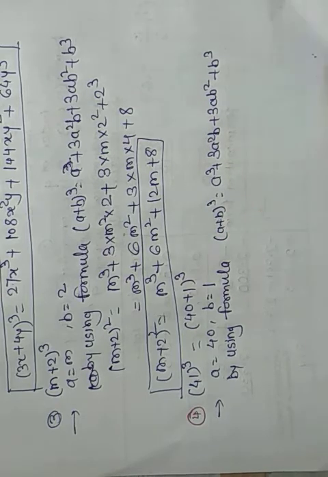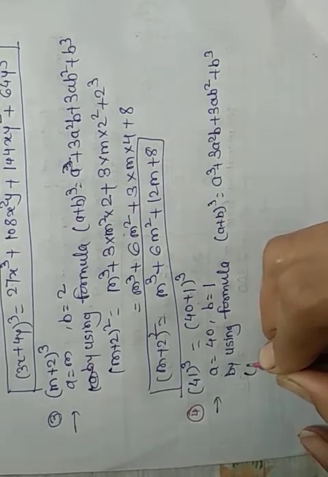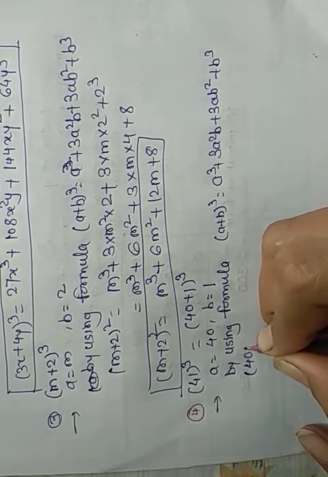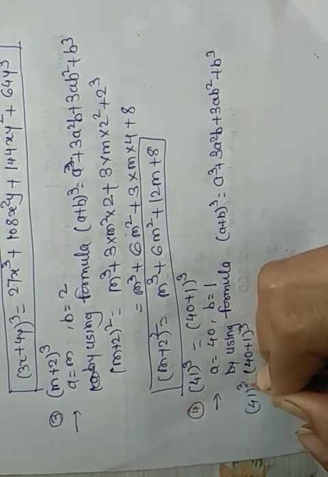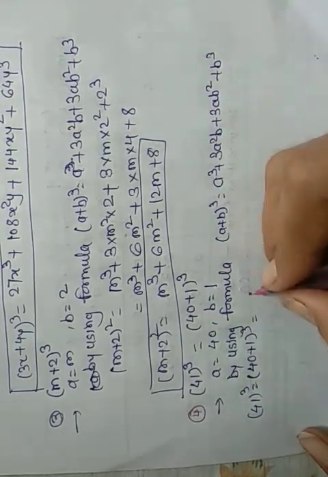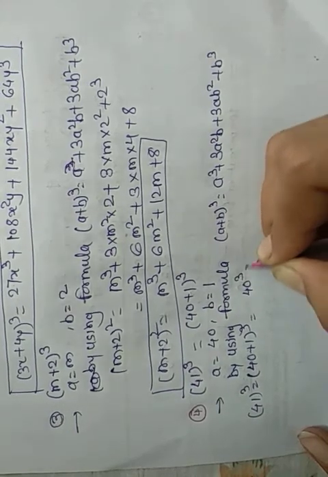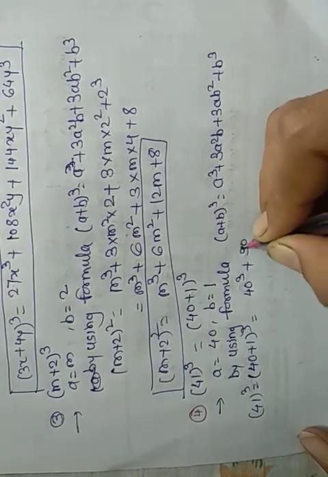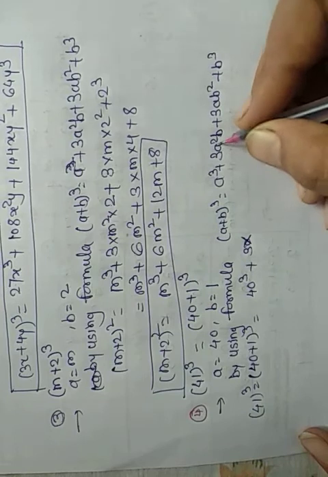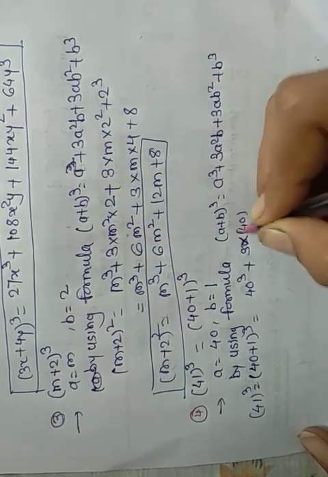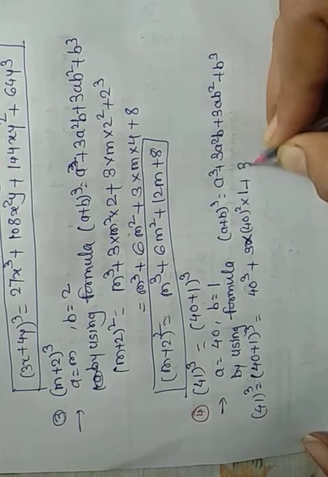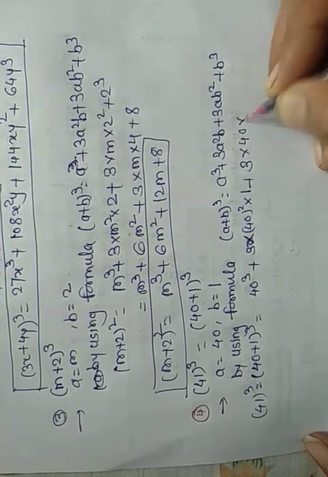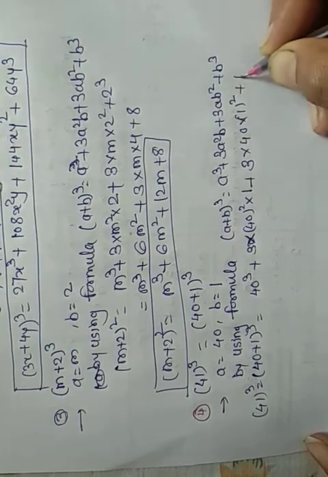Now put their values, that is (40 plus 1) bracket cube, that is 41 cube is equal to A cube means 40 cube plus 3 into A square means 40 square into B means 1 plus 3 into 40 into 1 square plus 1 cube.